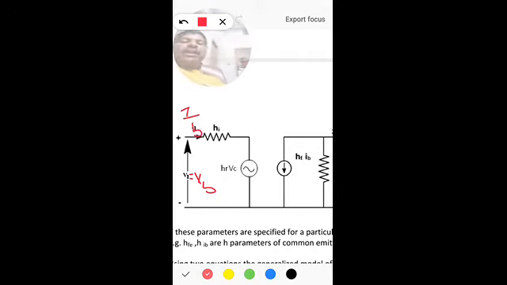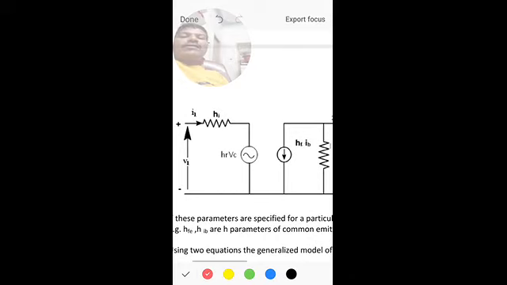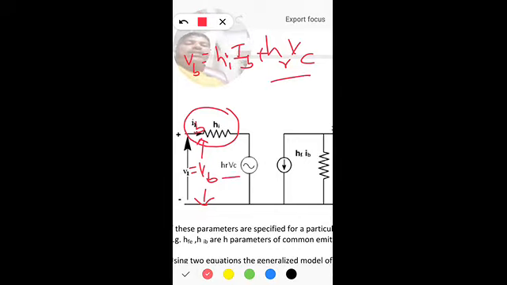So we can write this equation of input voltage: VB is equal to HI IB plus HR VC. This is the VB voltage, and VB is V1, which we can represent with HI IB plus HR VC.